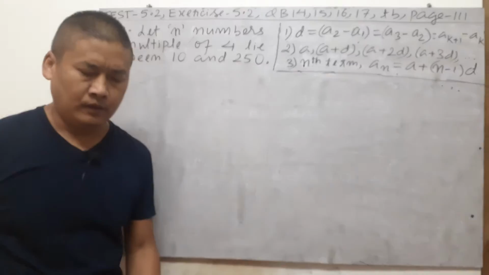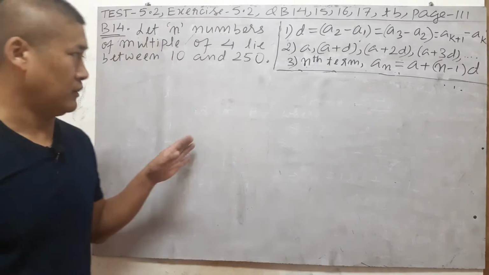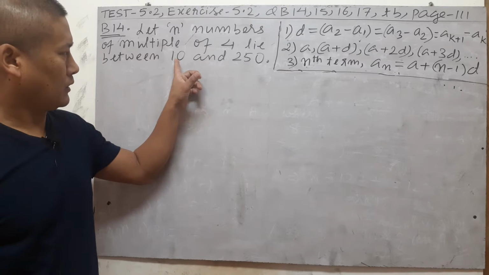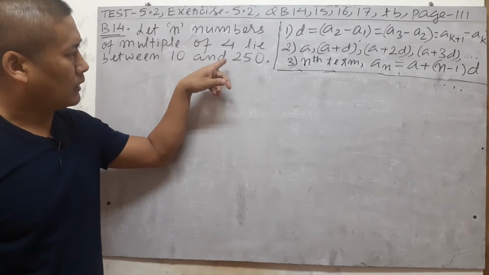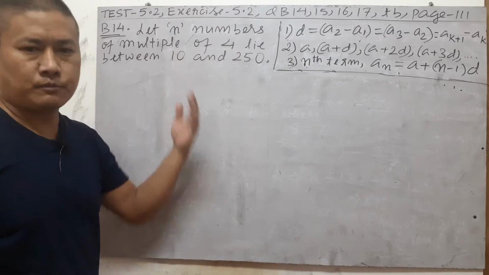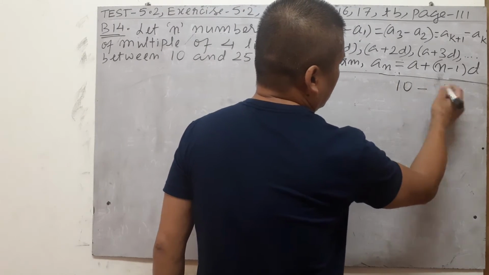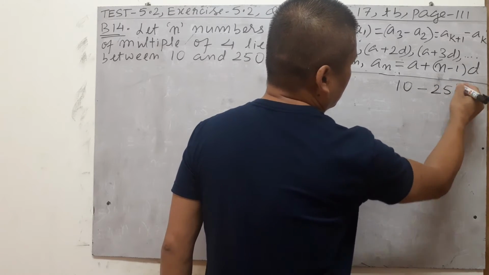Question is saying how many number of multiples of 4 will lie between 10, means higher than 10, and 250, means just below 250. So 10 to 250, between these two.